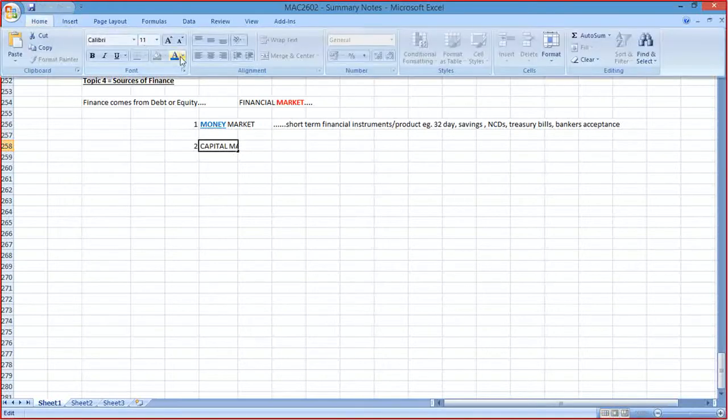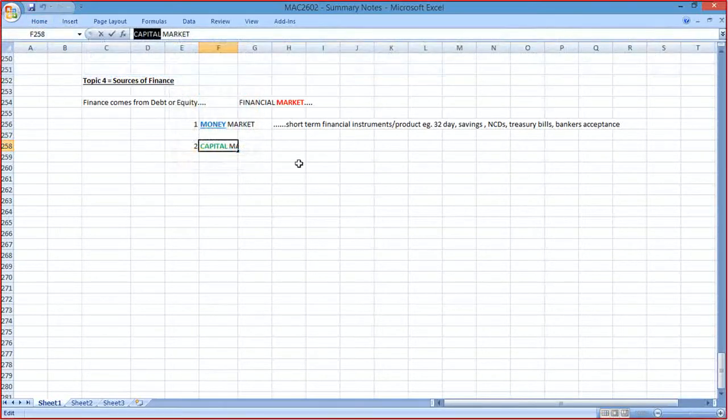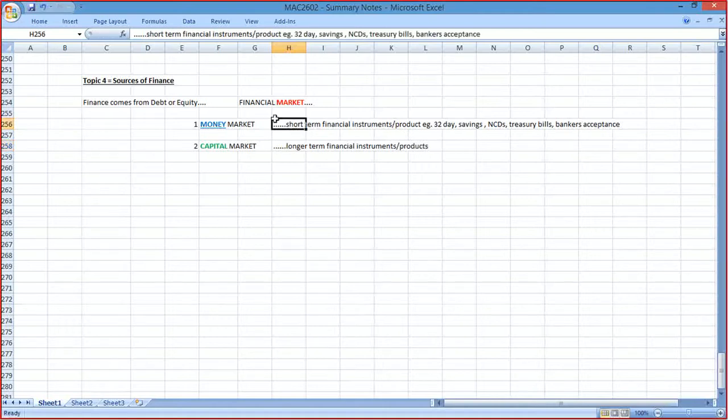Capital market, think of the word capital. People invest capital over a longer term. So this is looking at the longer term financial instruments or products. So the one's long term, the one's short term. Here you'd be looking at examples like bonds.